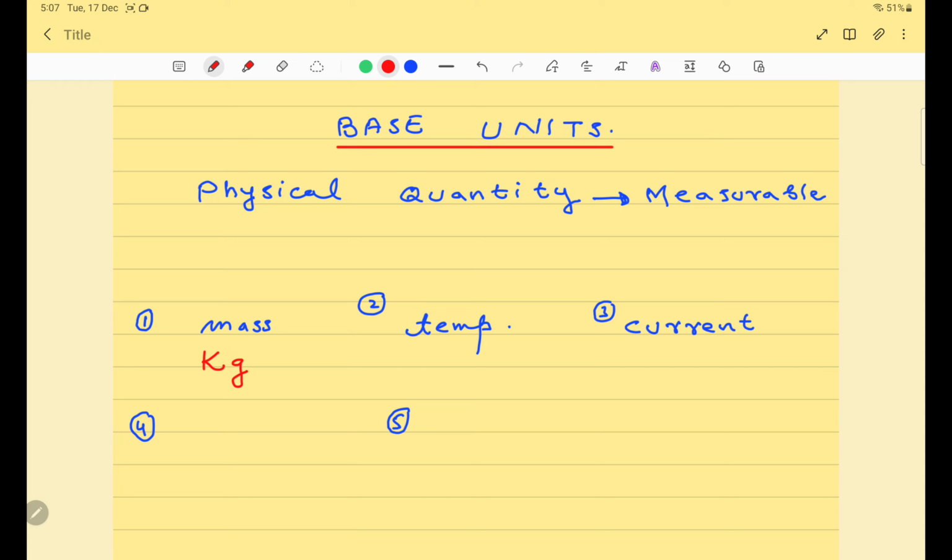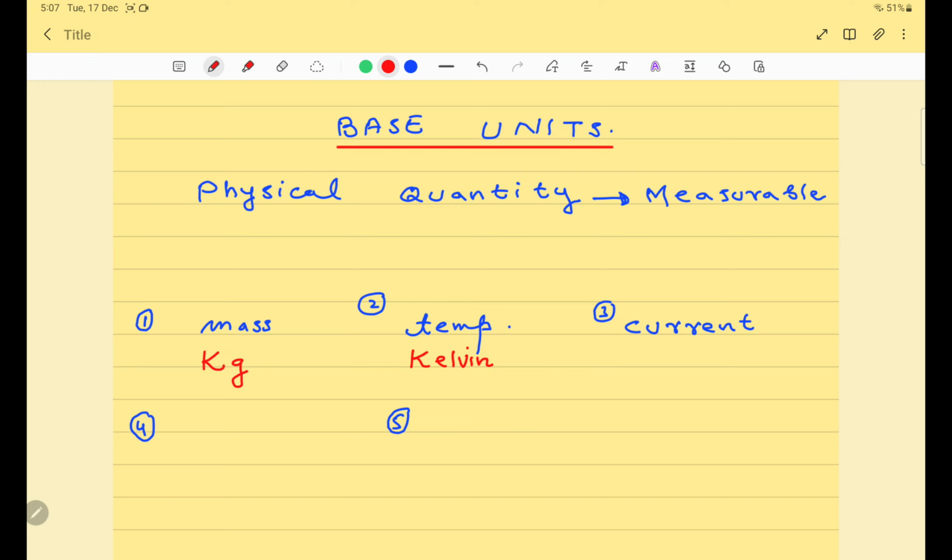In the same way, if I ask you what is the standard unit of temperature, because there are many units, Celsius, Fahrenheit, Kelvin, etc. But do you know what is the standard unit of temperature? No, Celsius, but Celsius is not a standard unit. The standard unit of temperature in physics is Kelvin.